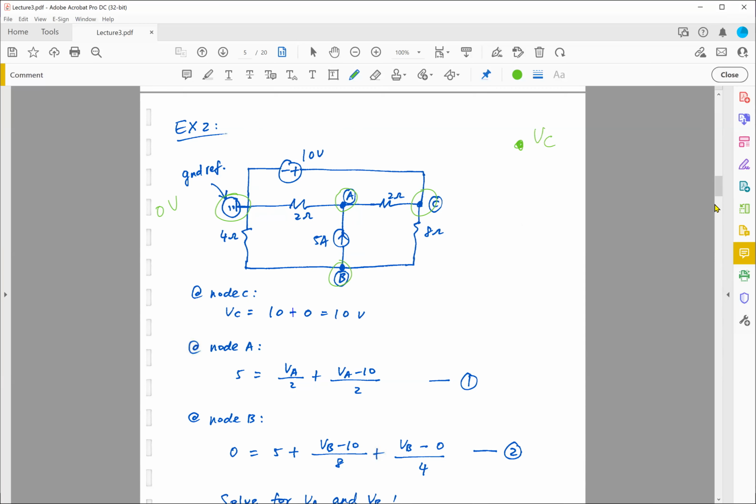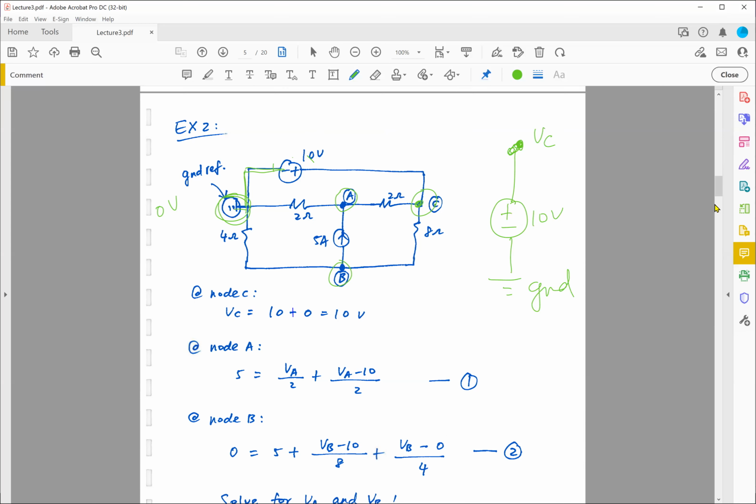So this is my VC node. I have 10 volts, so that's my 10 volts over here. And this part here is connected straight to my ground reference, so I'm going to put a ground here. Immediately, I hope you can see how much this VC voltage should be.